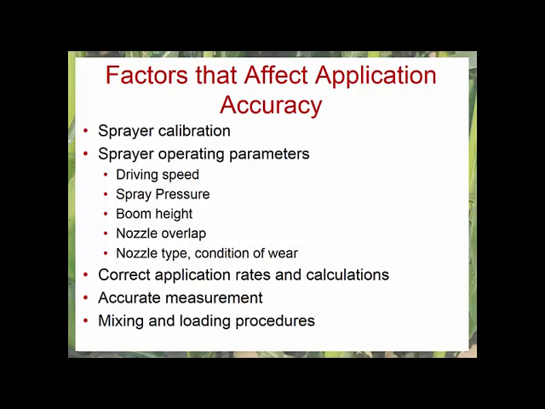So things like the driving speed, the spray pressure, of course those are very much involved in sprayer calibration, the boom height, your nozzle overlap on the boom, the type of nozzle you've chosen, and the condition of wear of those nozzles. Also, you need to be able to correctly calculate how much to add to the tank, and we're going to go through calculations to help you with that. You have to accurately measure the chemicals and follow appropriate mixing and loading procedures, for example, tank mix order.